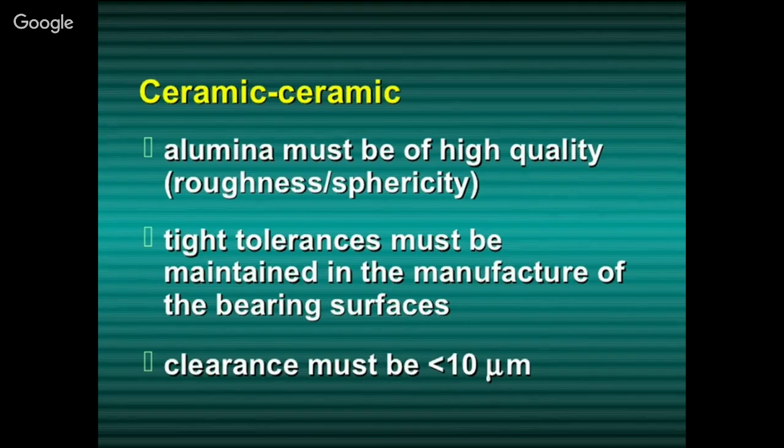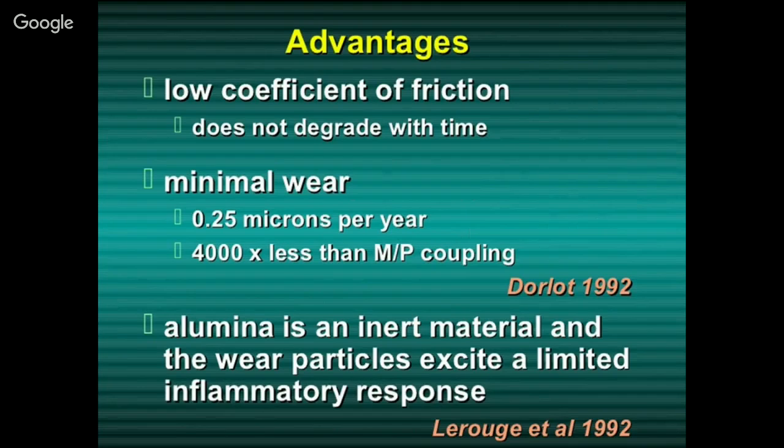The alumina must be of high quality. Tight tolerance must be maintained in the manufacture of the bearing surface, and clearance must be less than 10 microns. Advantages: there is a low coefficient of friction, it does not degrade with time, and there is minimal wear, 0.25 microns per year, 4000 times less than the metal and polyethylene coupling. Alumina is an inert material, and the wear particles excite a limited inflammatory response.